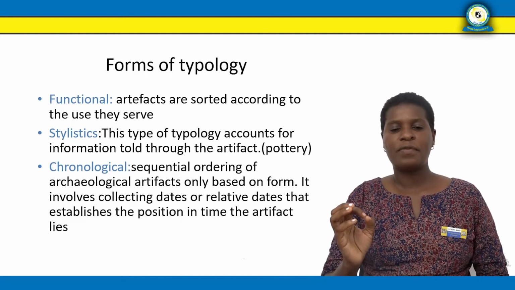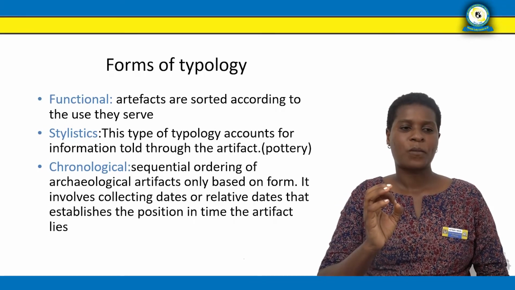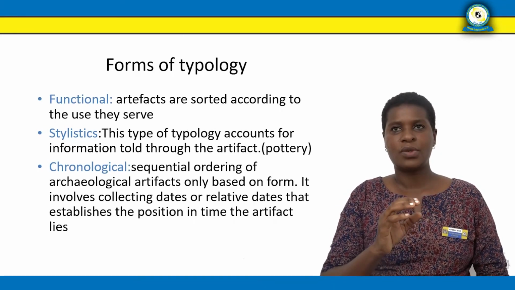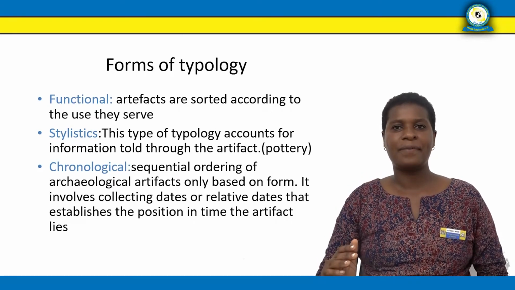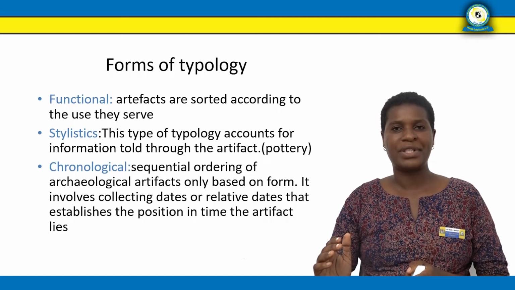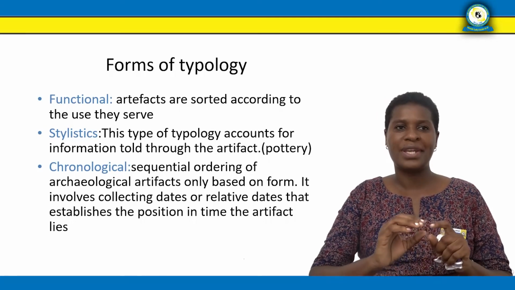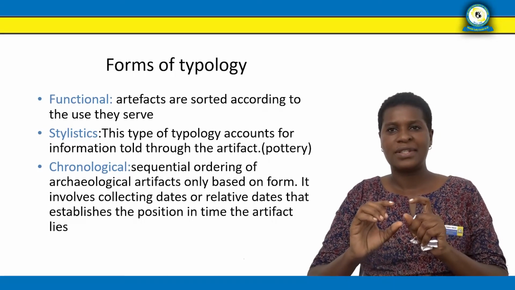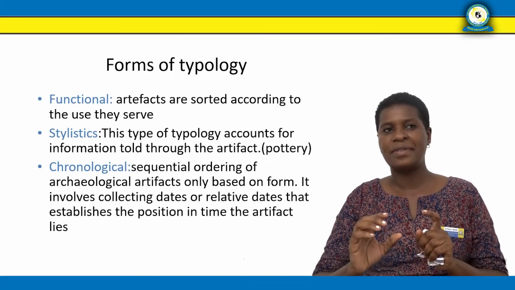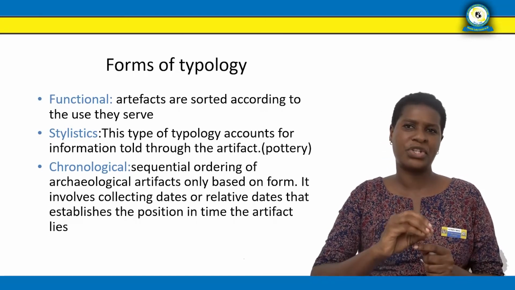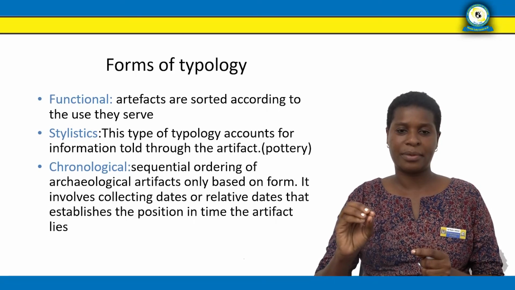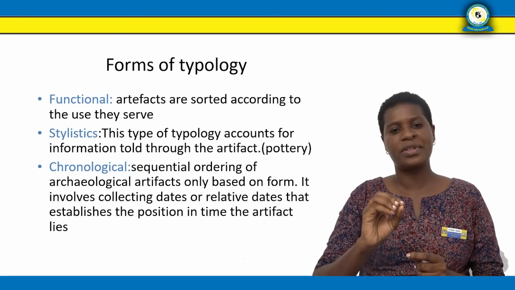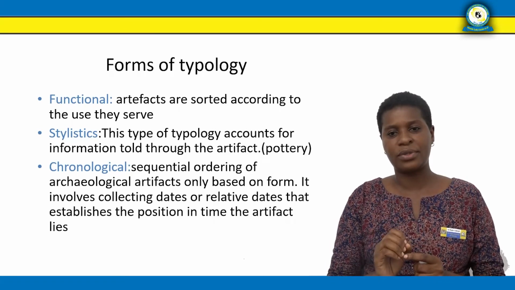We know some of the potsherds were decorated. So you can rearrange or classify those pottery materials according to the nature of their styles. Let's say the decorations, we call them the impressions. Those are the decorations on the pottery materials. So that's what we call the stylistic typology.